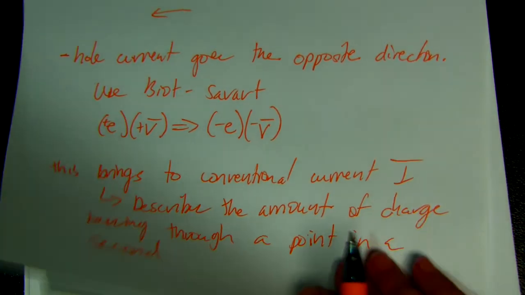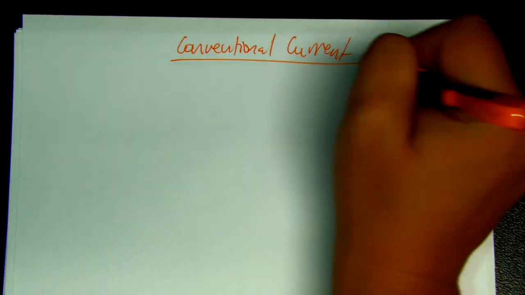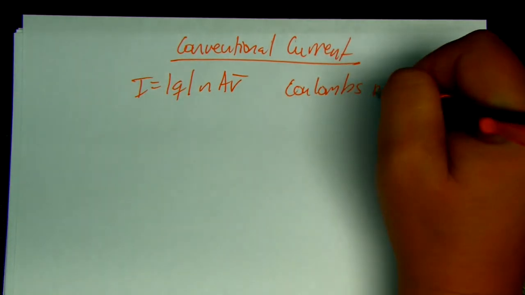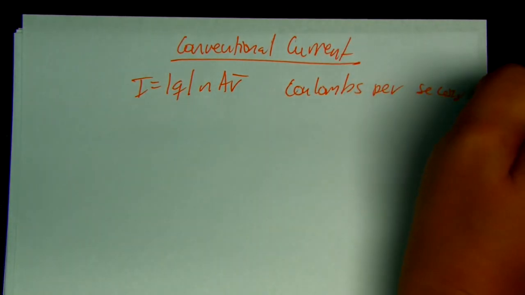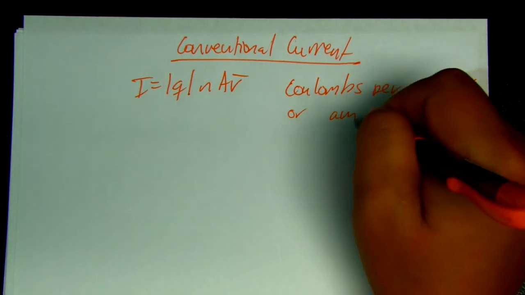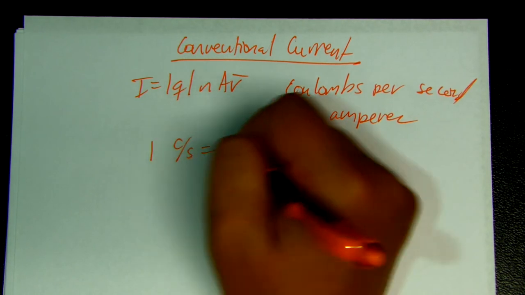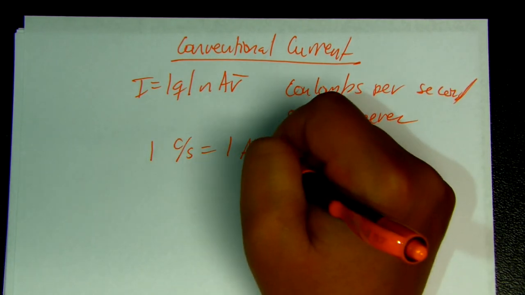All right, so let me write out the formulation for conventional current. Conventional current, capital I, is equal to Q NA V bar, and the units are coulombs per second or amperes. So 1 coulomb per second is equal to 1 amp.